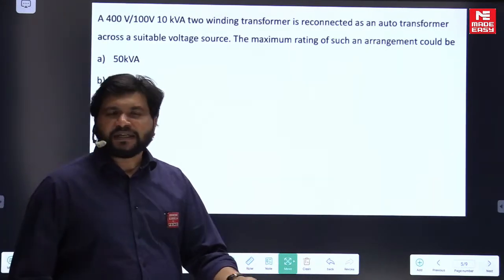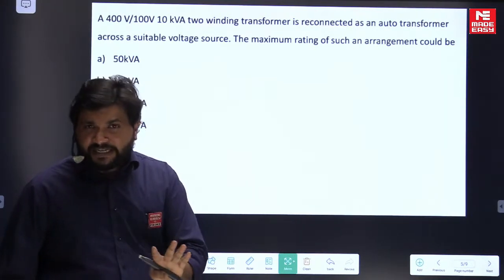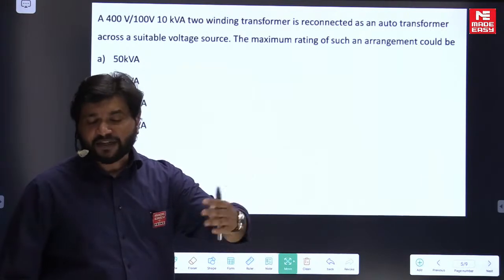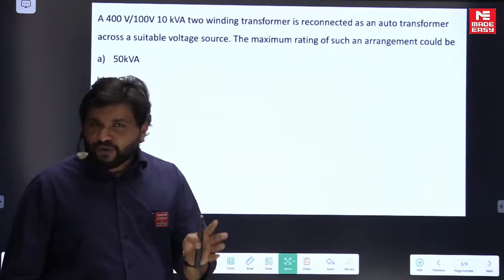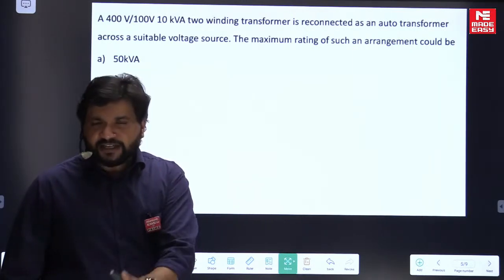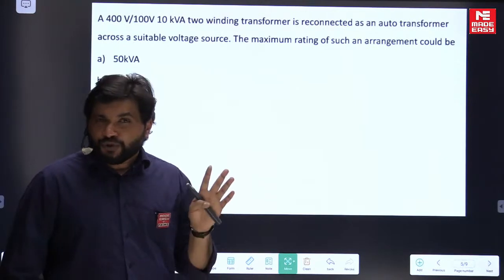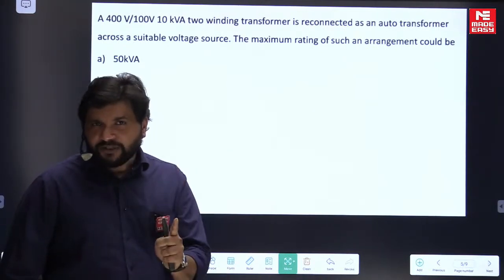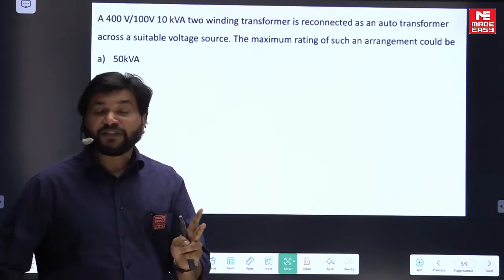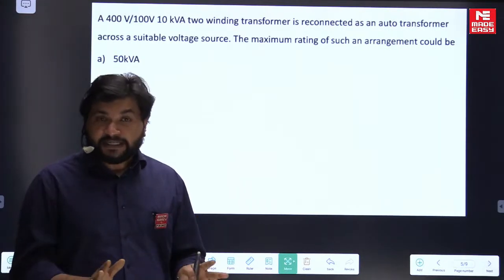One of the commonly asked questions is, what could be the maximum rating as an auto transformer? Already the two-winding transformer has a particular rating. It has voltage ratings and power ratings, obviously current ratings. You should not violate the voltage rating and current rating in the windings when you reconnect it as an auto transformer. That's like a rule.